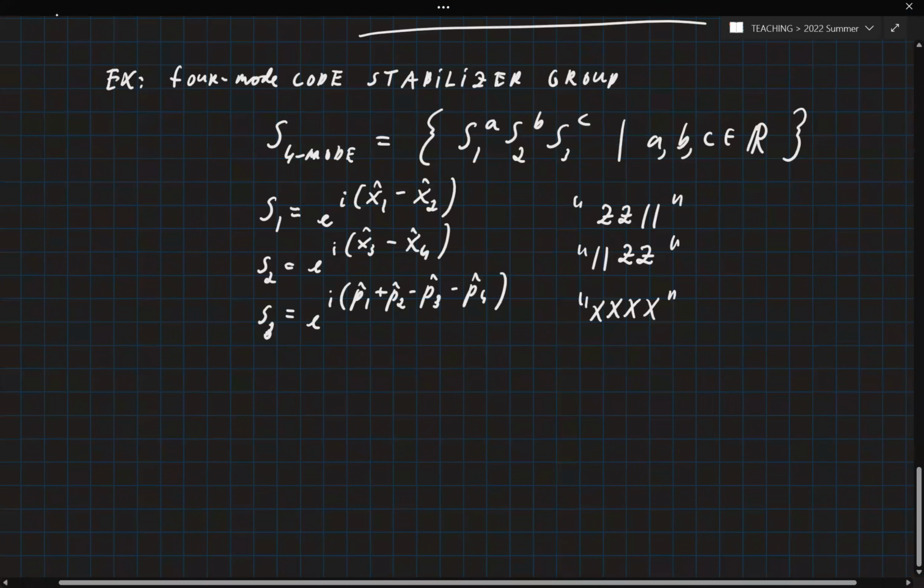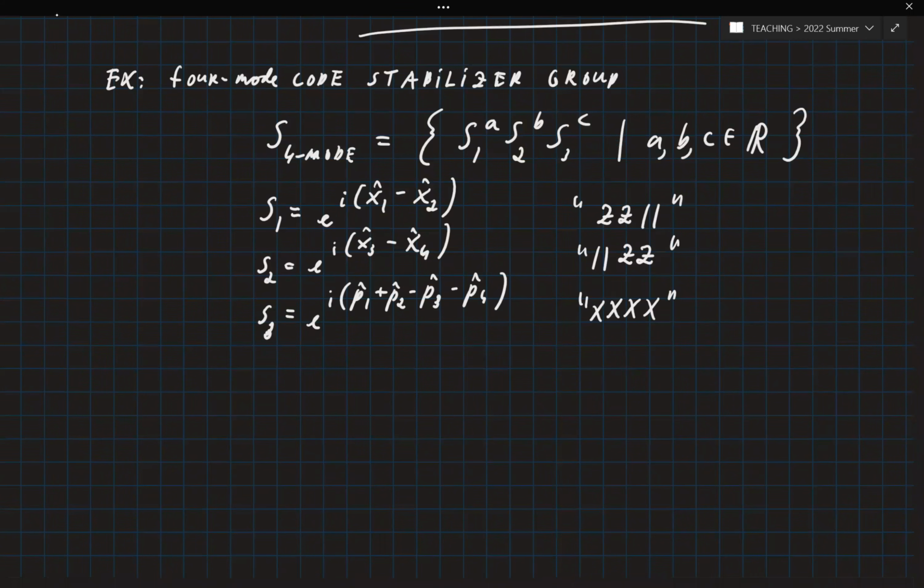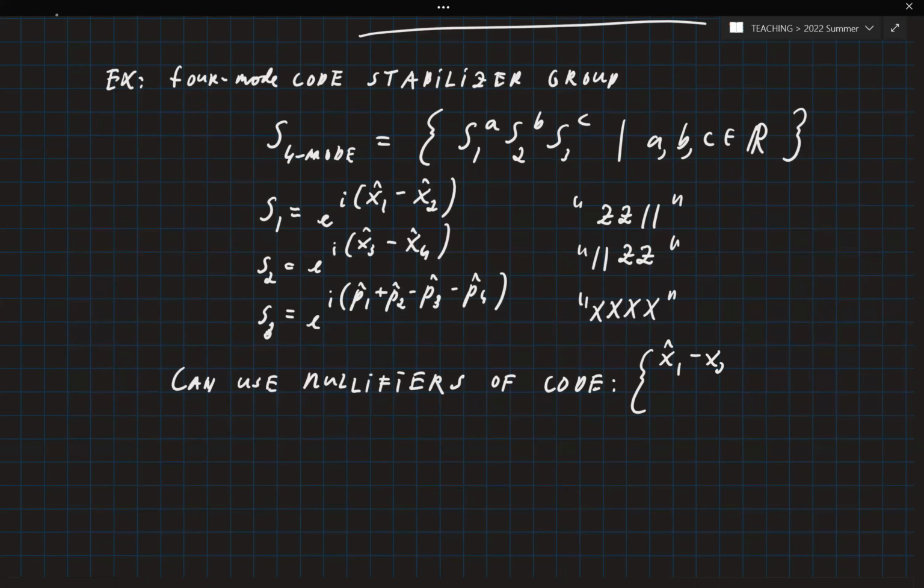And that's what is possible to do in this case using the nullifiers, which are the Lie algebra of the group, which in this case are just x1 minus x2, x3 minus x4, and the p's.